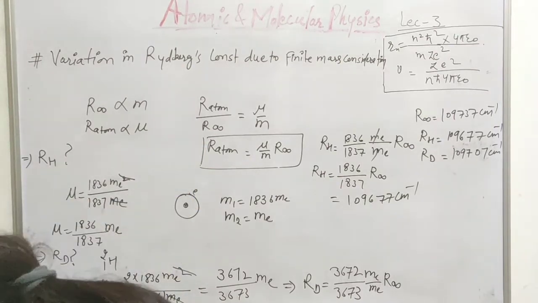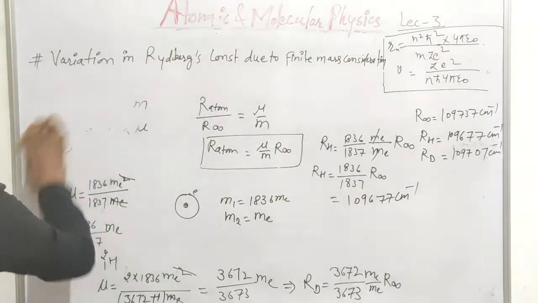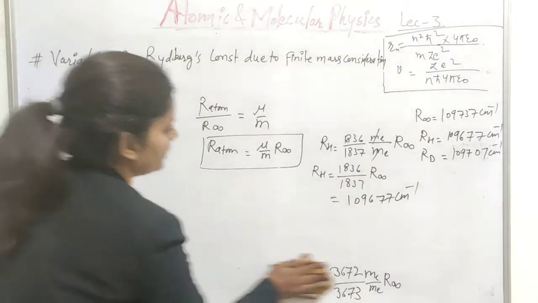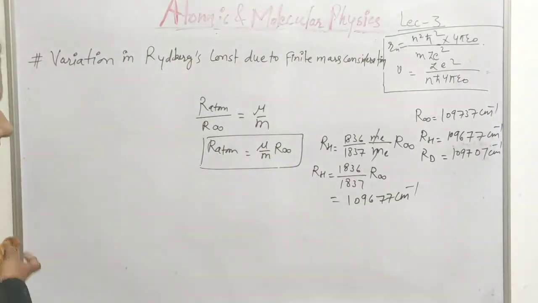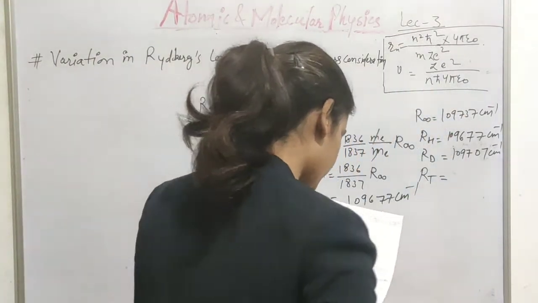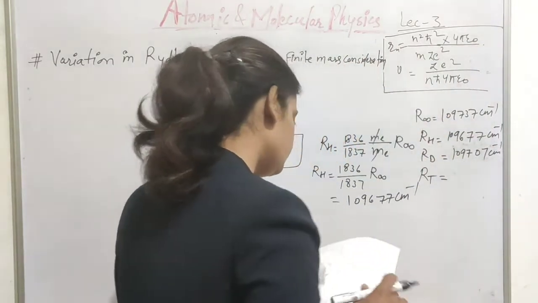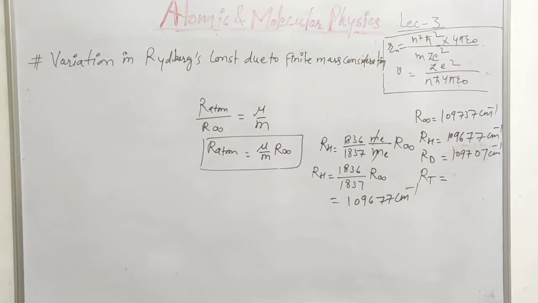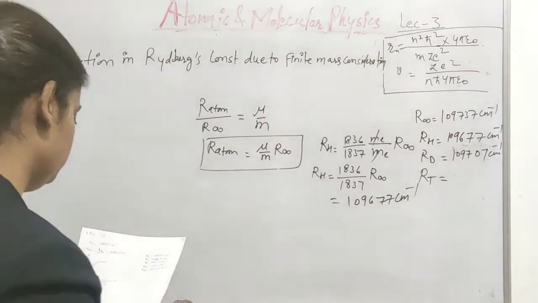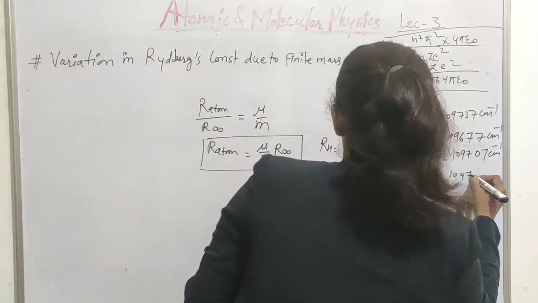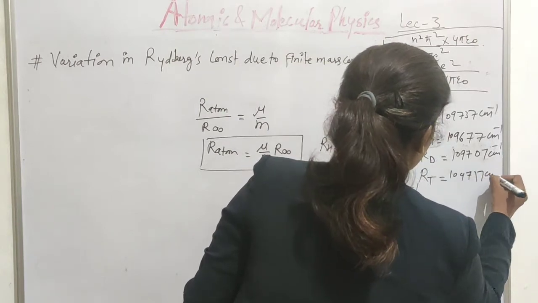Next we can calculate easily for tritium. Tritium contains 3H1. In this manner we can find for tritium. For tritium, this comes out to be 109717 centimeter inverse.